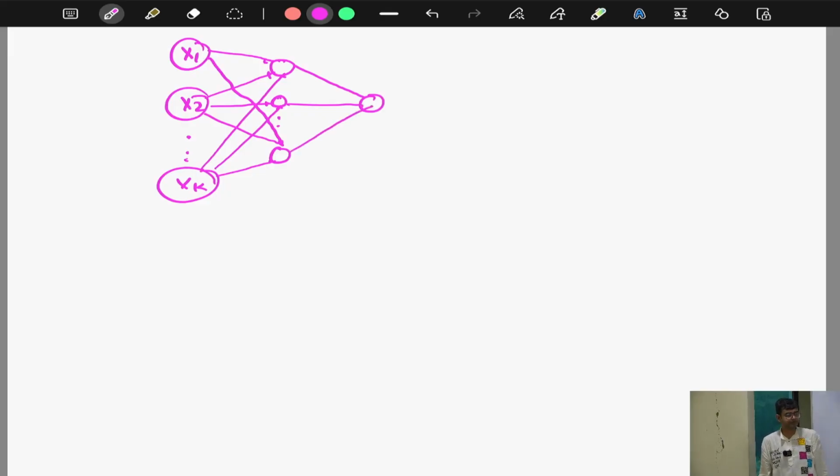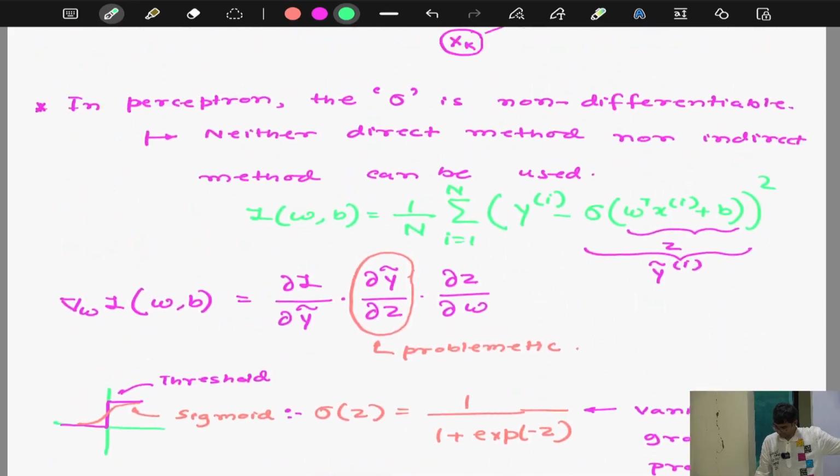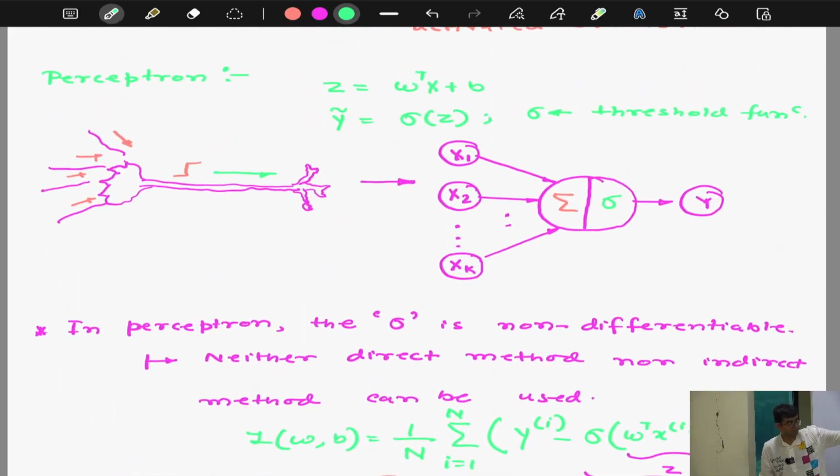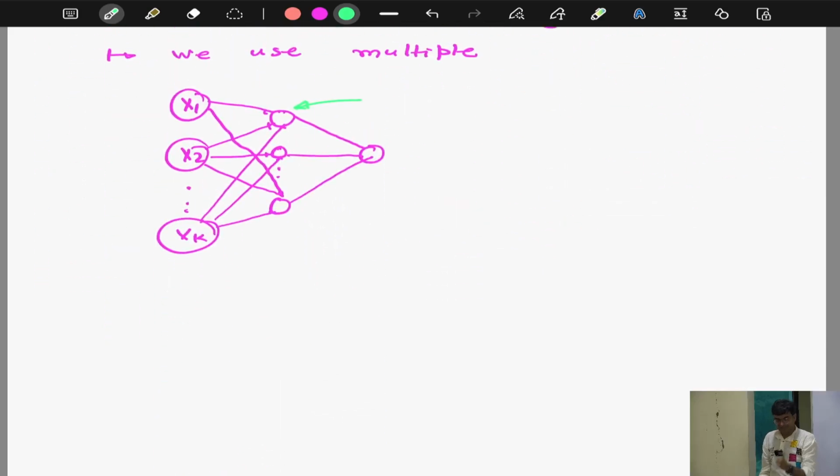Each of the middle circles you are seeing is actually this one, and each of them has a sigma operation, a summation accumulation operation. So instead of one, you are now using multiple of those. And because there are multiple, you need to bring them to one, so after the multiple units you have one more layer which brings it to one.